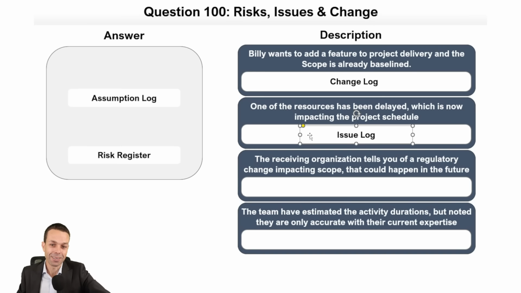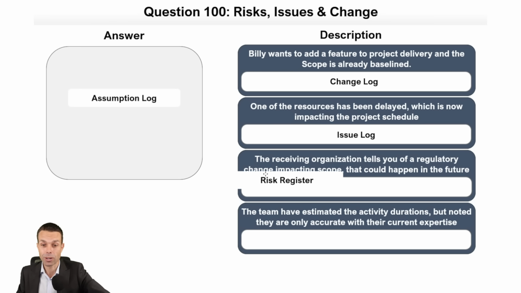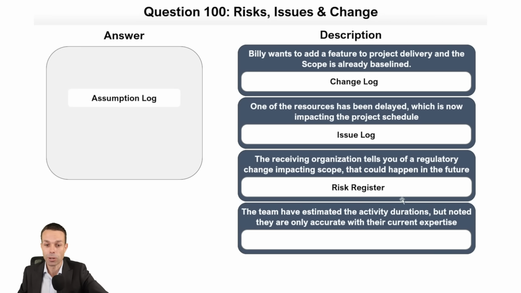Exactly right. The receiving organization tells you of a regulatory change impacting scope that could happen in the future. We're going to put that in our risk register because it is a risk. It could happen in the future. The team have estimated the activity durations, but noted they are only accurate with their current expertise.